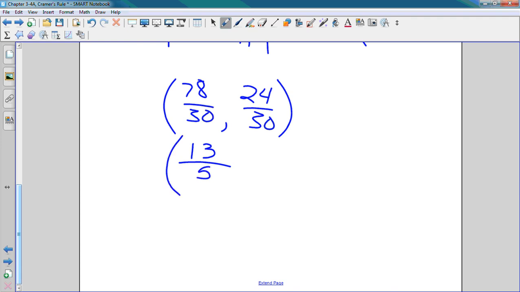So 13 over 5 is the x value. 24 divided by 6 is 4, so 4 over 5 is your y value. That's it. Understand? 30 is my d value. It's dx over d and dy over d.